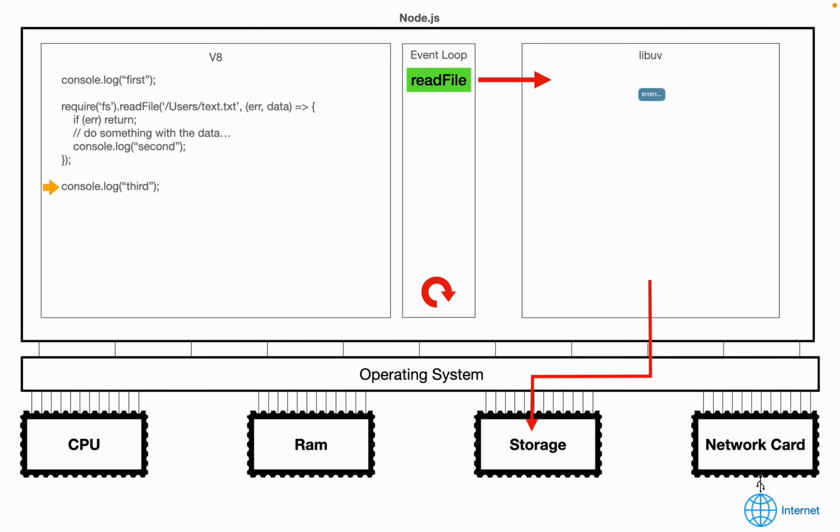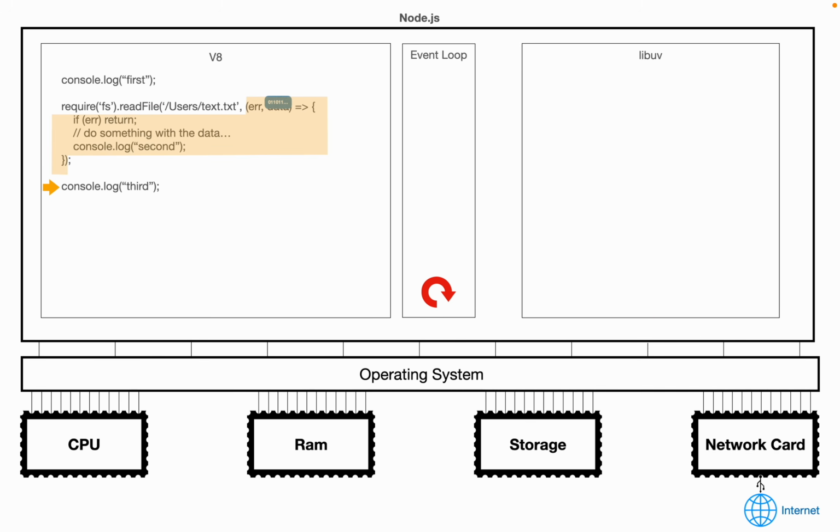And once libuv is done with processing it, it's going to give it back to the event loop, and then the event loop is going to see it and say, okay, the job is done, whatever libuv had to do, it has done it, and now I'm ready to notify the source code that here's the data, and you go ahead and do your own thing. So it's going to give that data to V8, and it's going to see it and execute this callback.